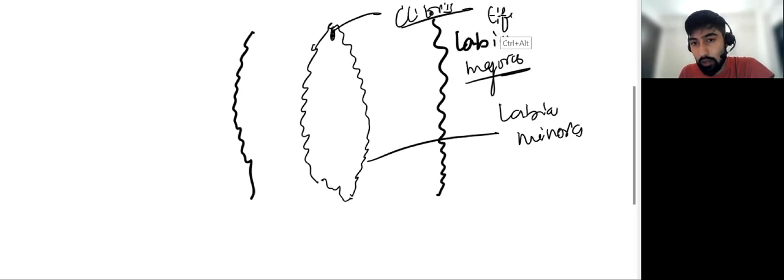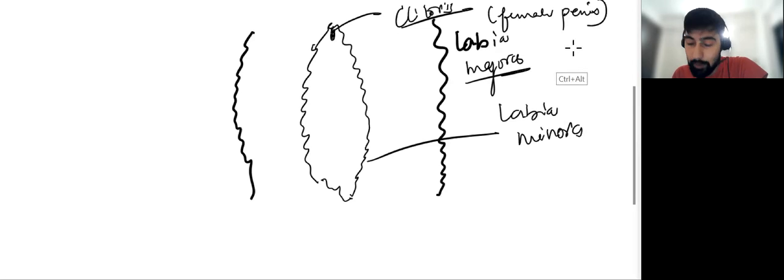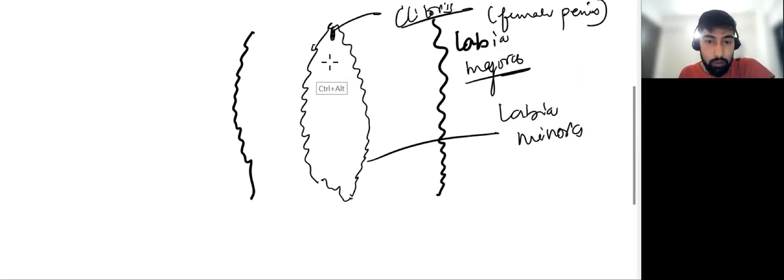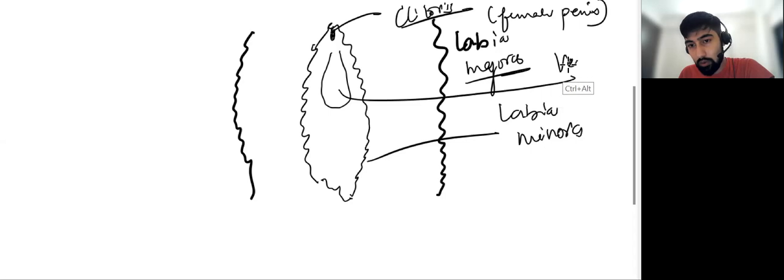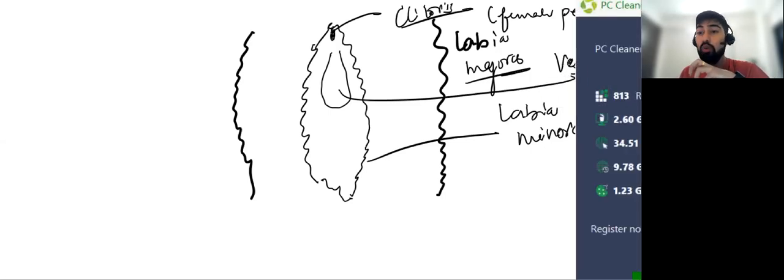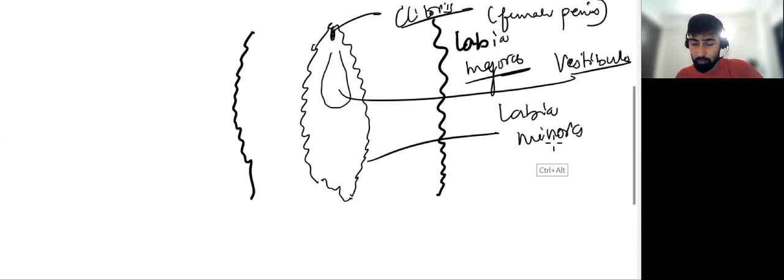So it is also called the female penis. Then we have one opening. This opening is called the vestibule. Vestibule is for the uro opening, sorry, not the genital opening, just the urine opening.